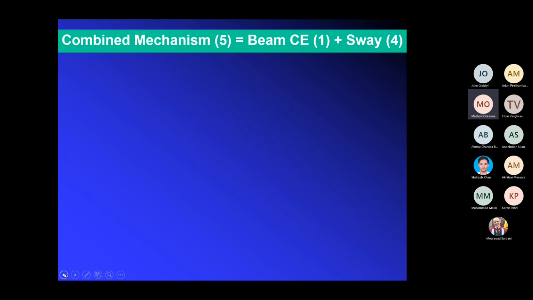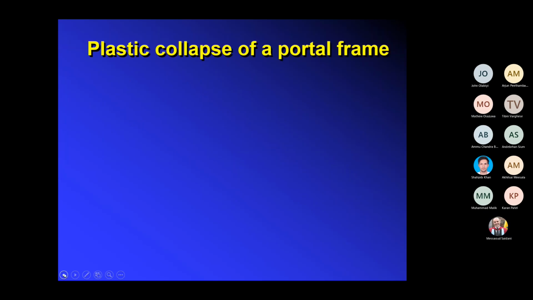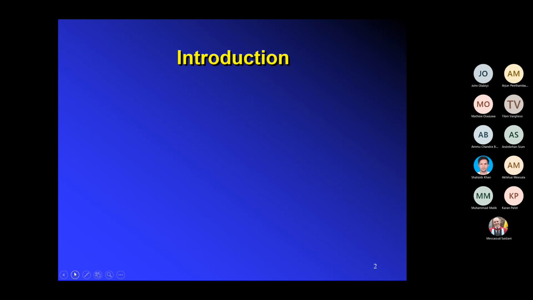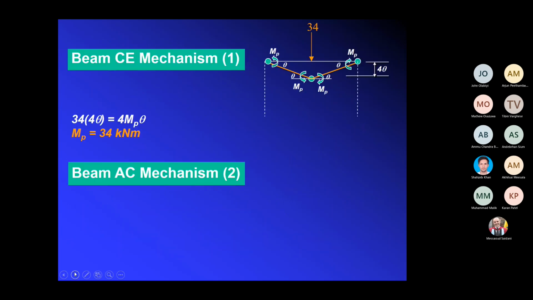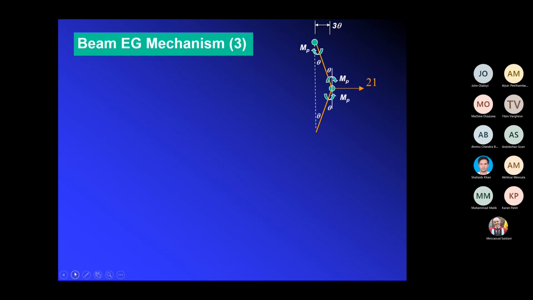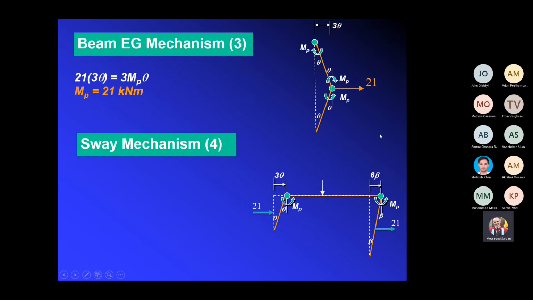The sway mechanism independent. You talk about this one? Yes. It's the two loads here, the horizontal loads on each column. These two horizontal loads are the ones causing collapse, causing the sway mechanism.